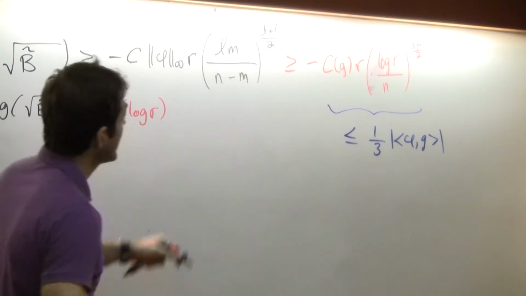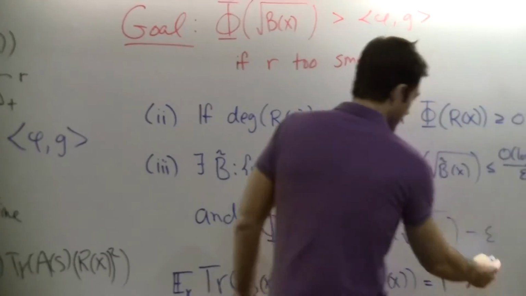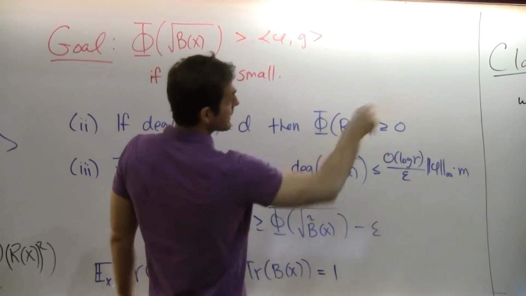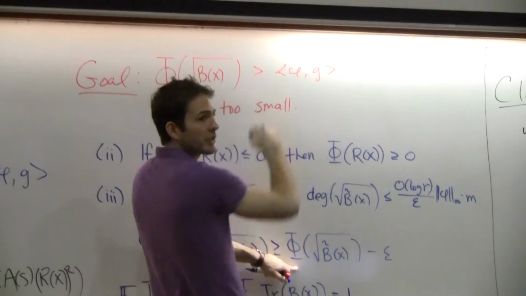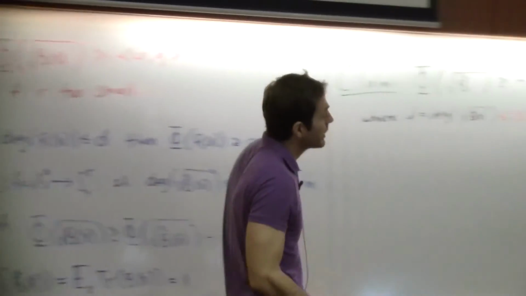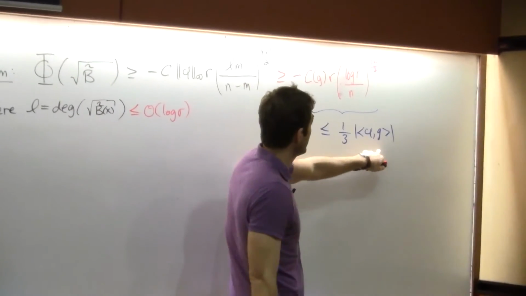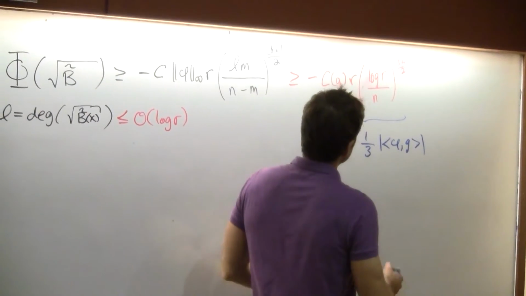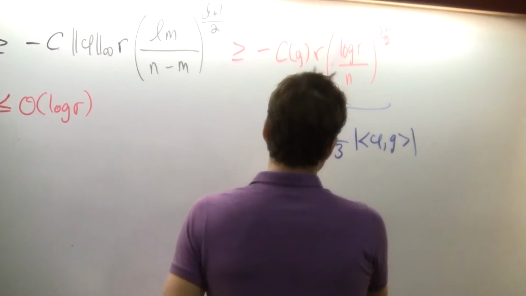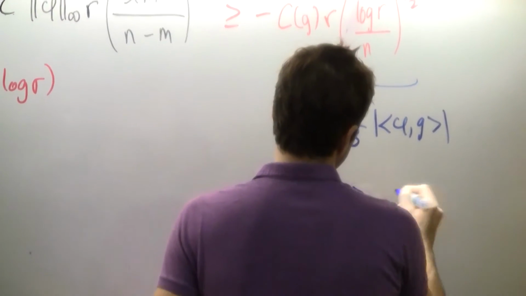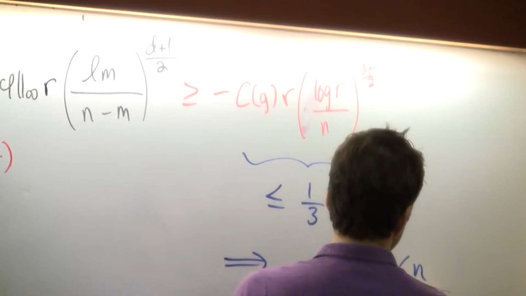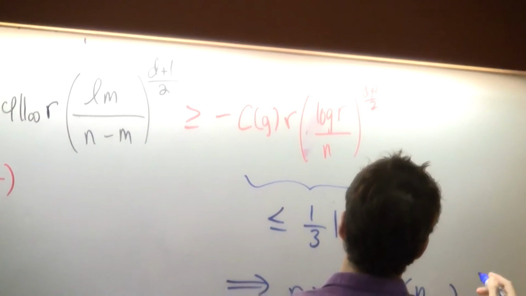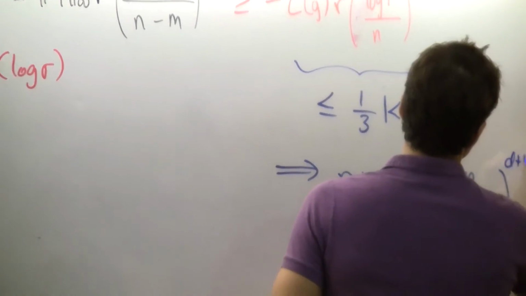If this thing was small, then we would get minus epsilon minus this small thing, and if we choose them both to be small, then we'll contradict this separation. And you see what's the scaling. Again, this is a constant that depends only on g. So this implies that r needs to be at least some other constant times n over log n to the d plus 1 over 2.